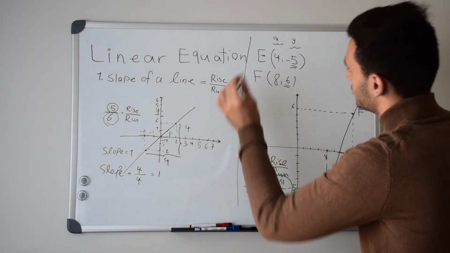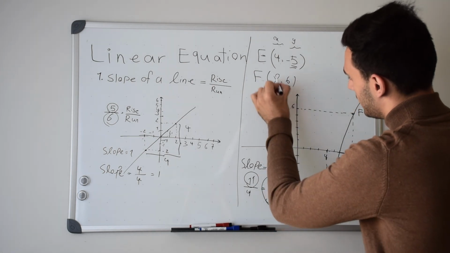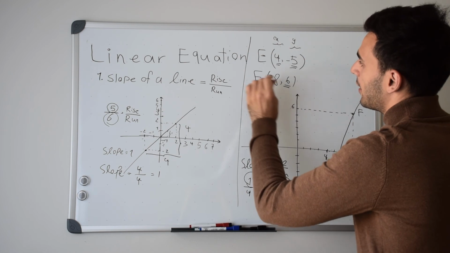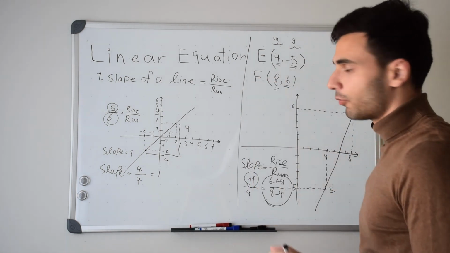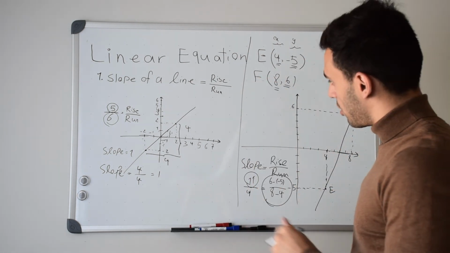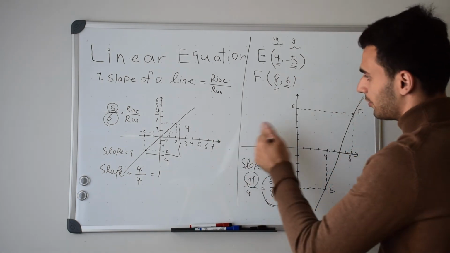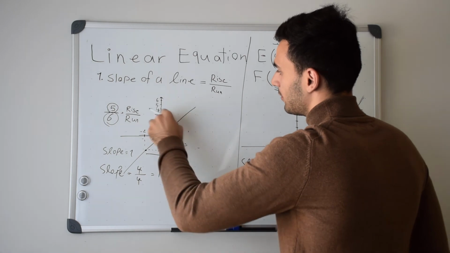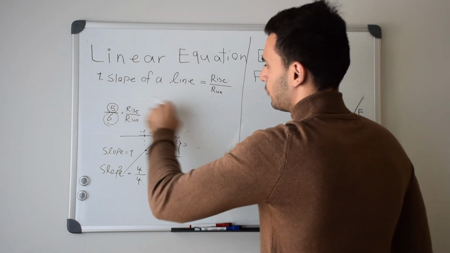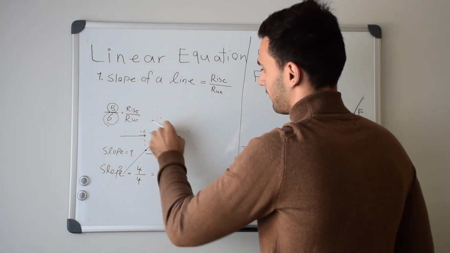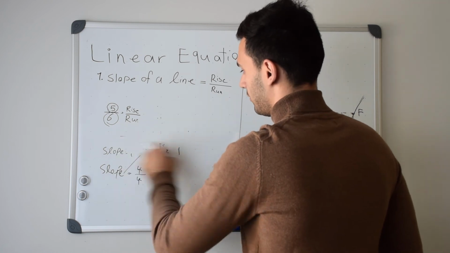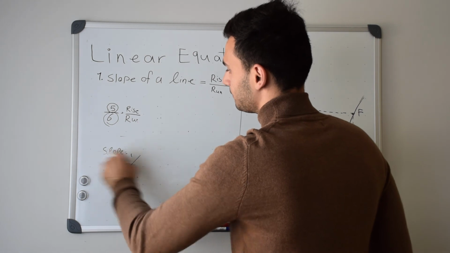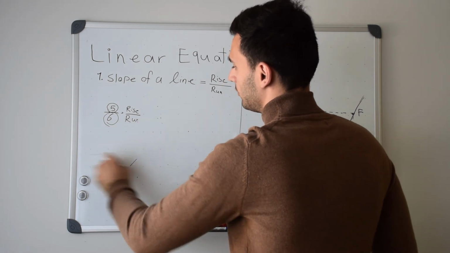And then we subtracted the x coordinate of point E from the x coordinate of point F. What is the formula? The formula is very straightforward and simple. So for any given 2 points on a line, we can determine the slope of that line. How?